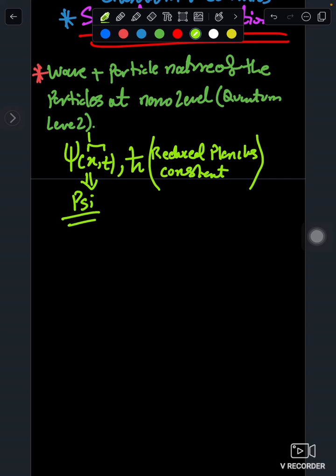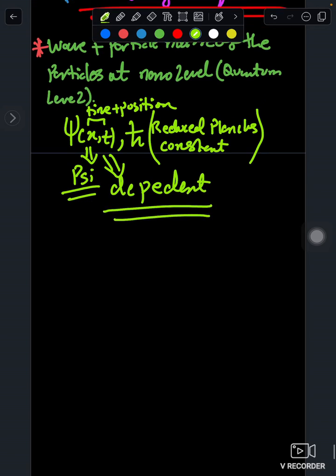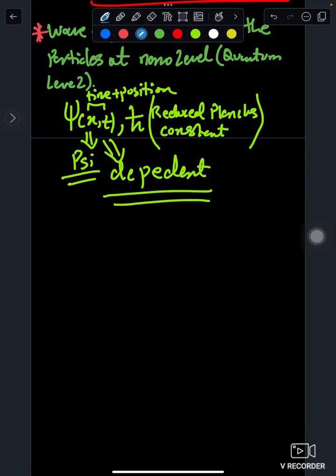This one is time plus position dependent. So dependent means evolution. For this psi of x and t, the particle's evolution is observed both in time plus in motion or position.